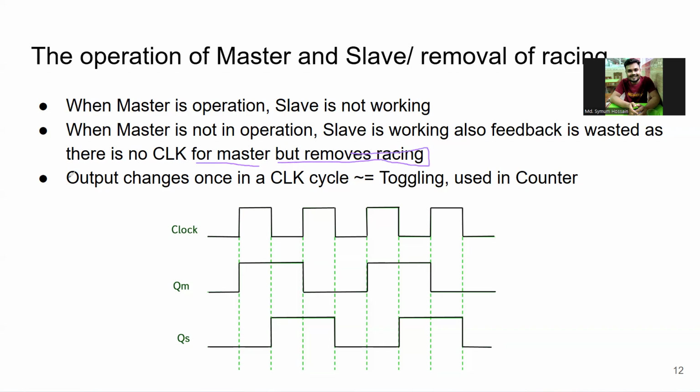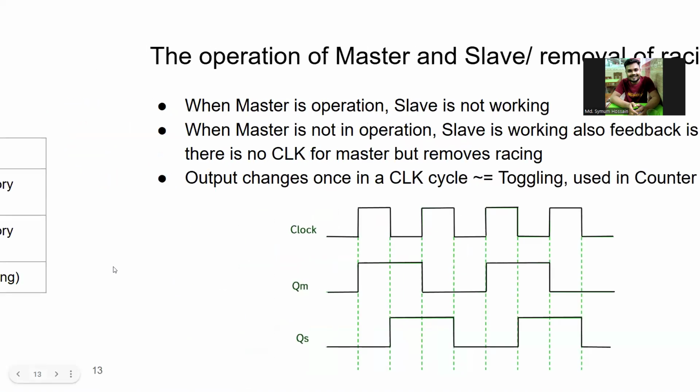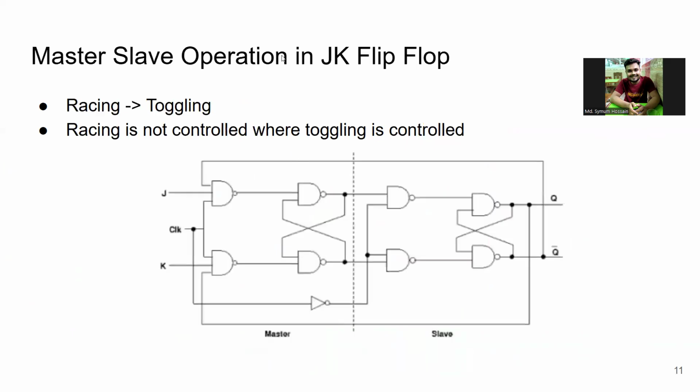So how does it remove the racing? Just remember, let me show the previous slide once again. As you can see, when master is not in operation, the output value cannot do anything.